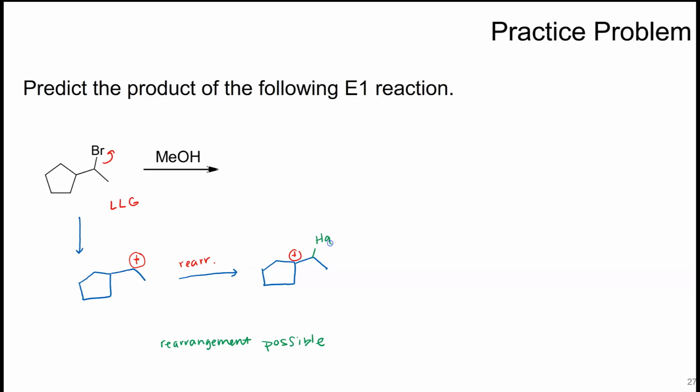Now we can take our proton from HA or HB. If I take HA, a double bond forms there. This is tri-substituted.